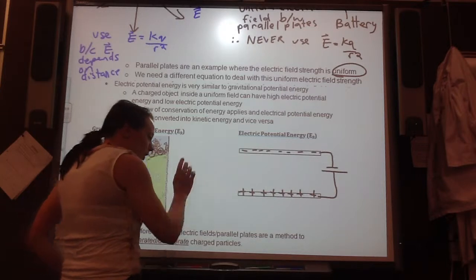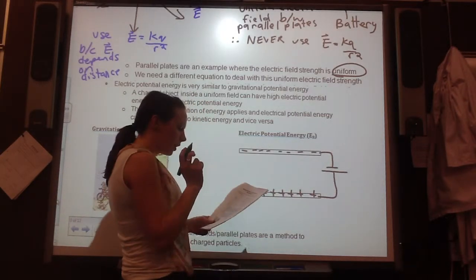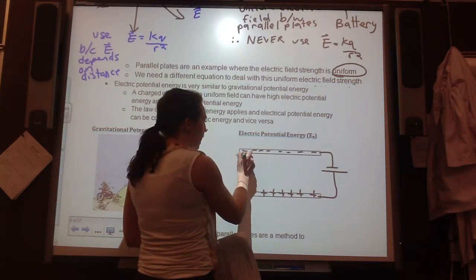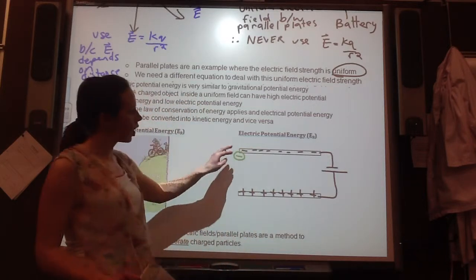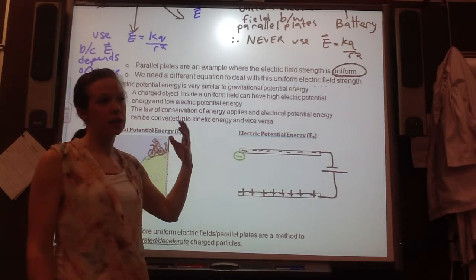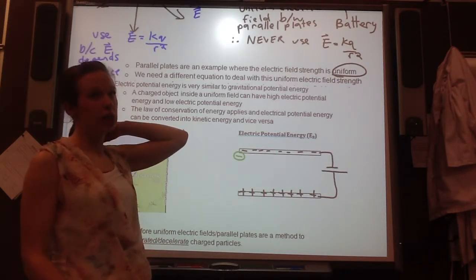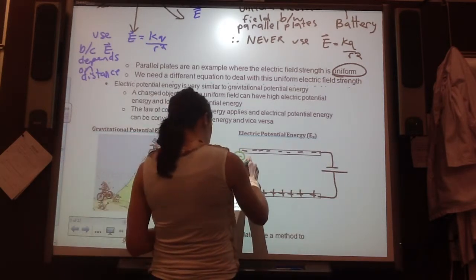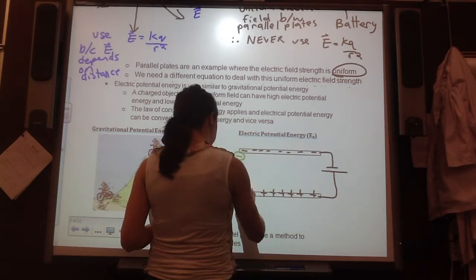Just like our example, let's say I have my negative balloon and I started at this end. Which way does it accelerate? Toward the positive plate. So it's moving this way.